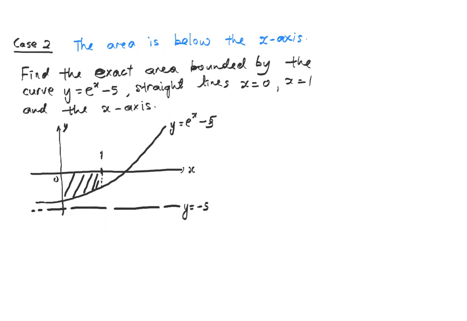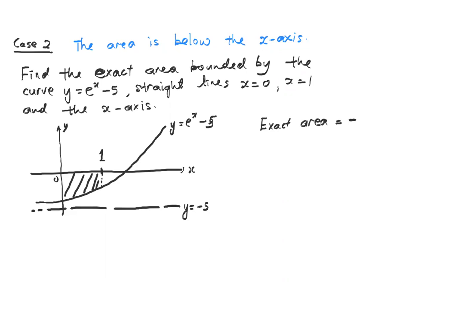Okay, good. So now, I told you the area is below the x-axis. If the area is below the x-axis, the area bounded by the curve, the exact area, how should I write it? There are 2 ways of writing it.